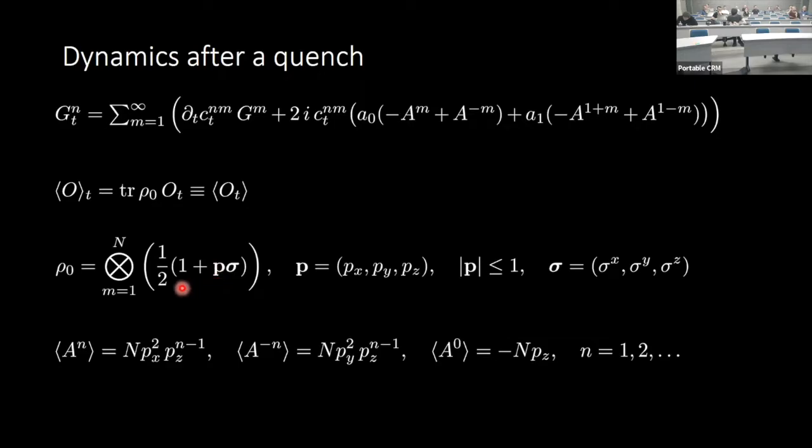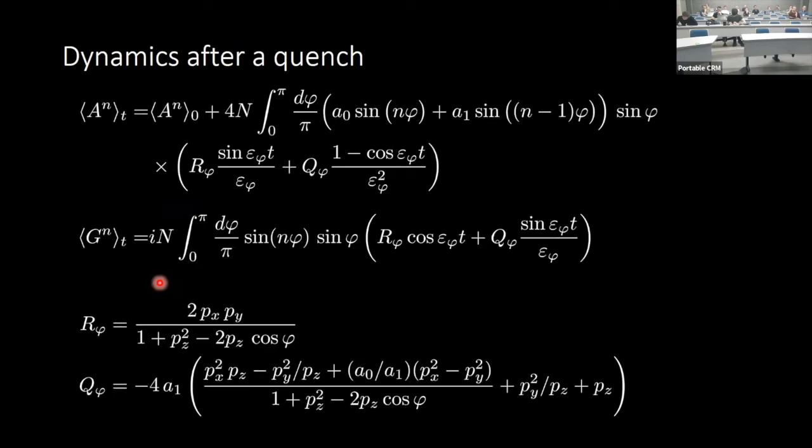So we have to insert this rho 0 into this trace, calculate the trace of each of Gm and Am with rho 0. It can be done easily, and you get expressions for the expectation values of these operators, An of t, Gn of t, in a bulky but elementary form.